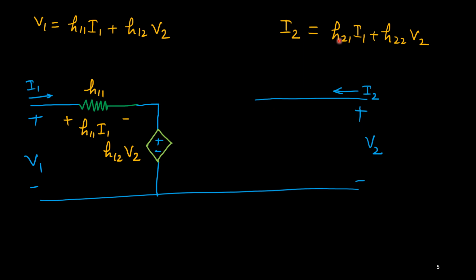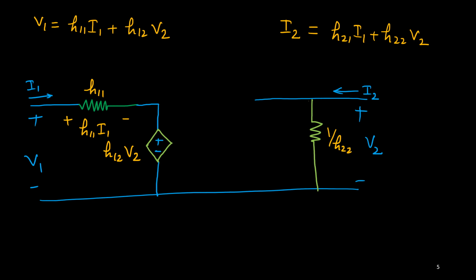One path will carry H21 I1, and the other current will be H22 V2. Now for H22 V2, voltage by resistance gives you the current. H22 is your admittance, so I can represent it here, and its impedance we can write as 1 upon H22.